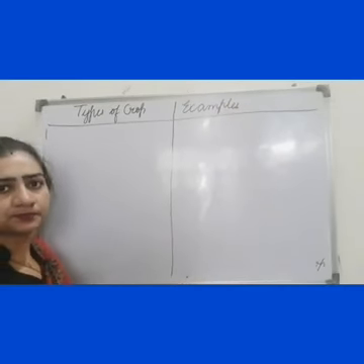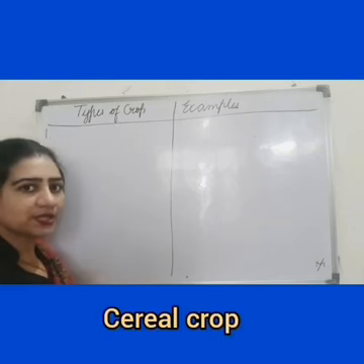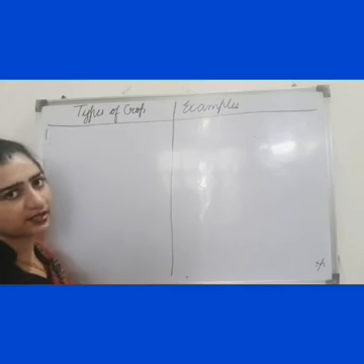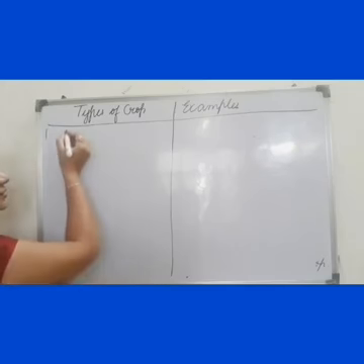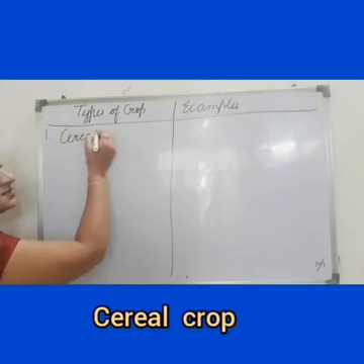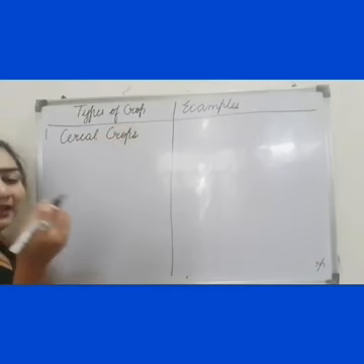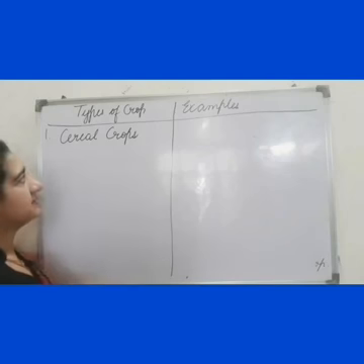What is your staple food in northern India? Yes, it is wheat. And what is the staple food in southern India? It is rice. Good. So these are cereal crops, the main component in your diet.